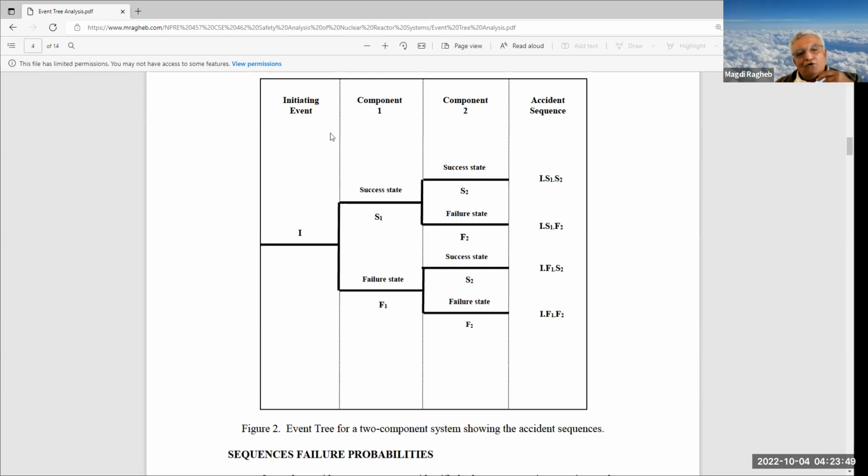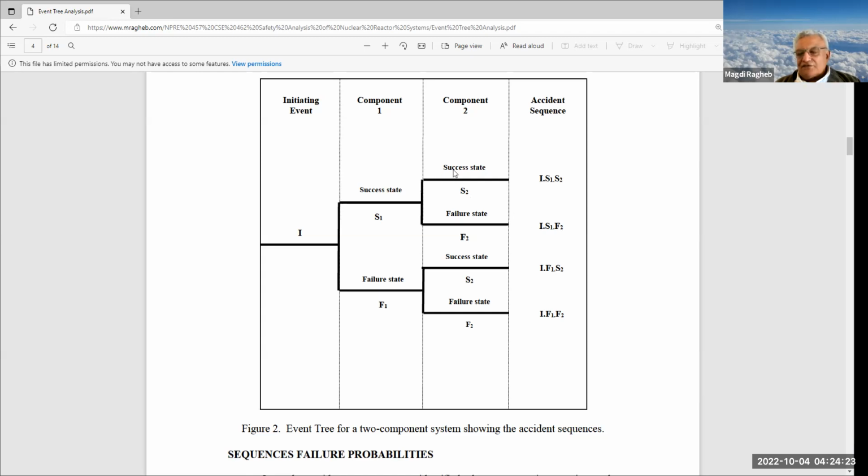We designate the occurrence of an initiating event, the success state S1 and the success state of S2 here as I S1 S2. If we follow the branches, this is I F1 S2, and it is saying basically that we get an initiating event, the first component fails, but the second component is successful in its operation.